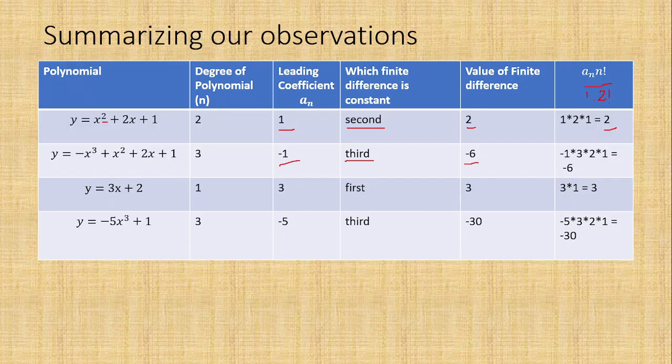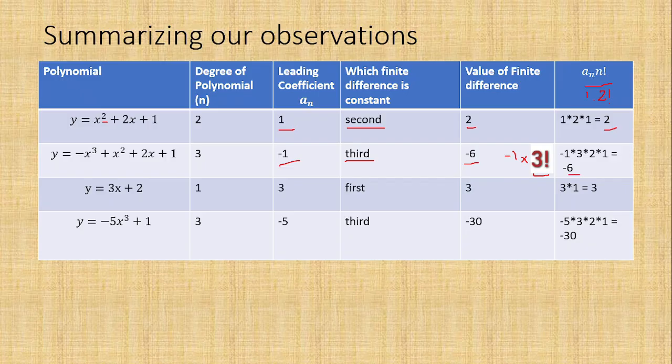Now for this particular equation, if we try to calculate an times n factorial, what is an? An over here is minus 1, and this times what is the degree of the polynomial, which is 3. So we'll have 3 factorial. What is 3 factorial? 3 factorial means 3 into 2 into 1, and it comes out to be 6. So minus 1 times 6 is minus 6.